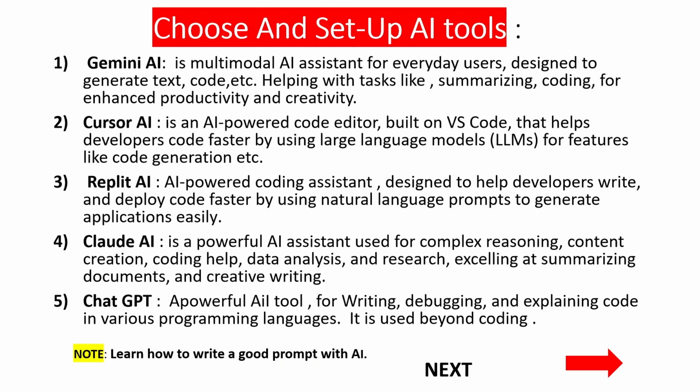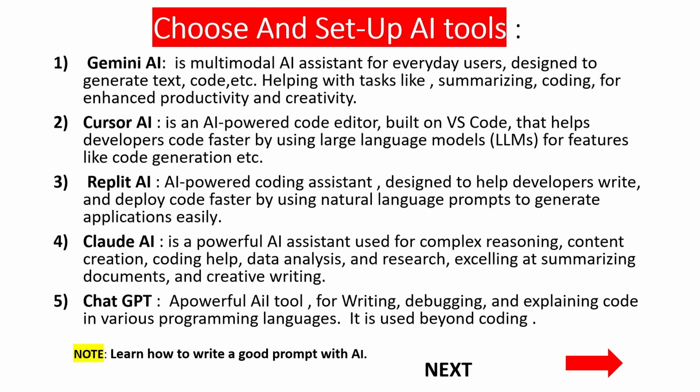The next one is Cursor AI. Cursor AI is an AI-powered code editor built on VS Code. It helps developers code faster by using LLMs. So it's a good AI tool as well that helps a lot.